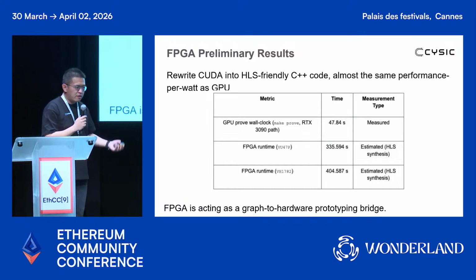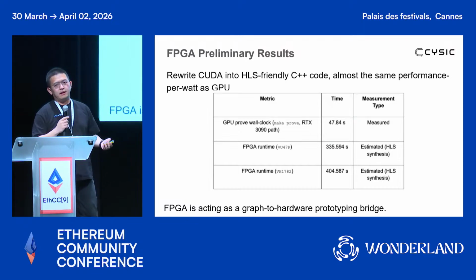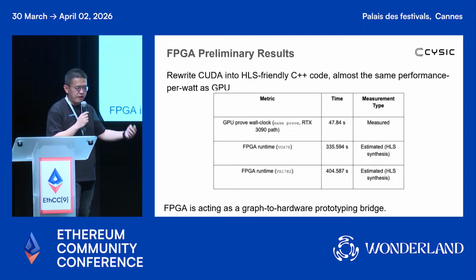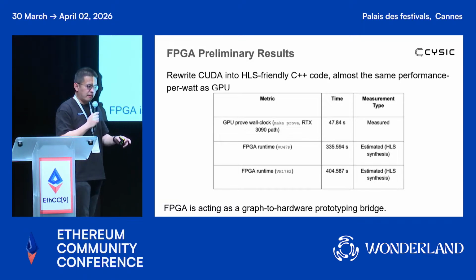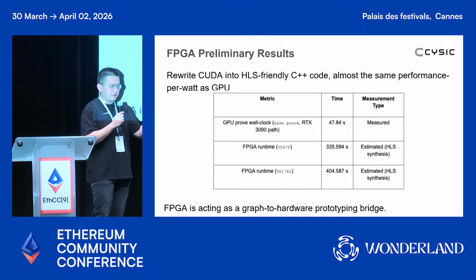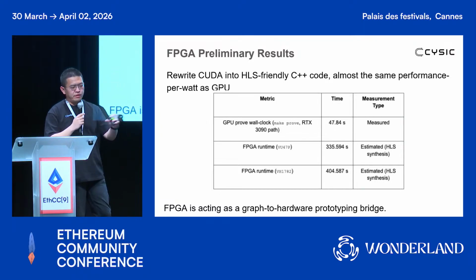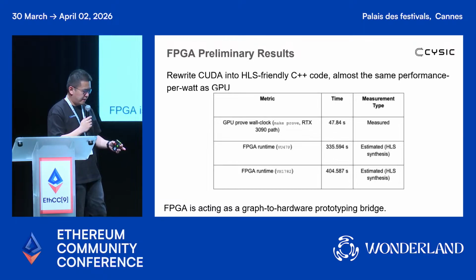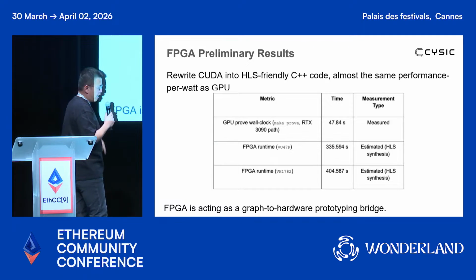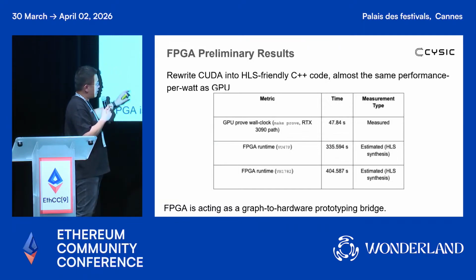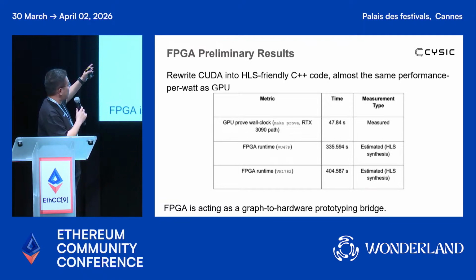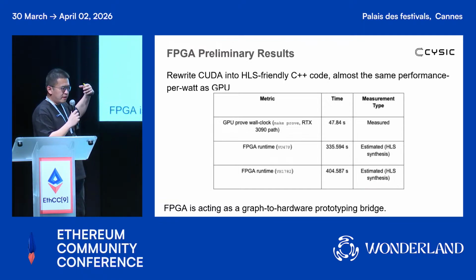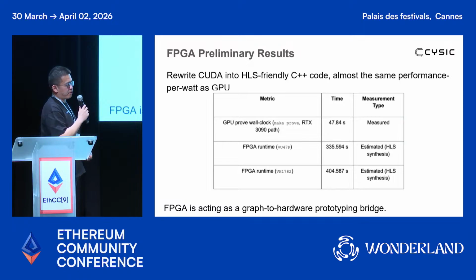And as I just mentioned, the encoding of the whole proving process will allow us to translate the pure data structure into other hardware platforms as well. So we also do it on FPGAs. The FPGA result right now is very preliminary, with just HLS, Vitis-synthesized C++ code.